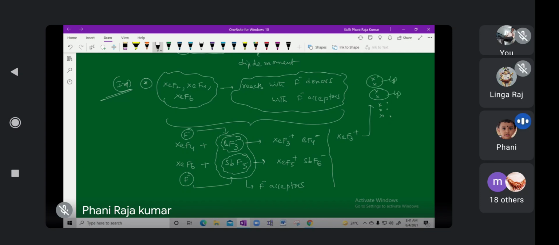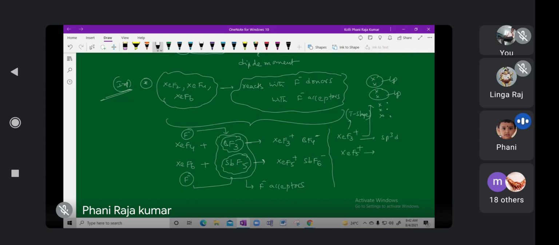Total 5 pairs are there. 5 pairs means sp3d hybridization. In sp3d, 2 lone pairs means this is a T-shaped species.